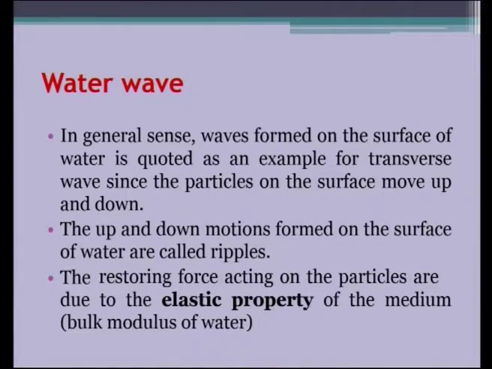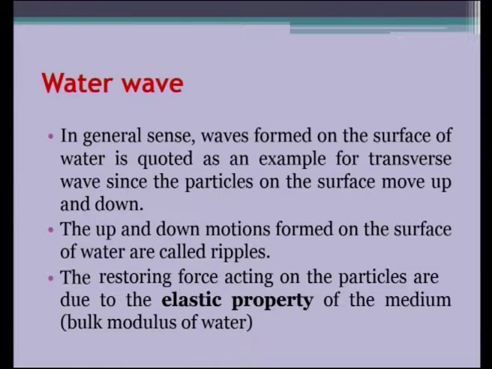Now, it is time for us to learn some concepts related to the other form of wave propagation, like how the ripples are formed on the water surface, and whether the same type of waves propagate in the interior of the water medium and on the surface.